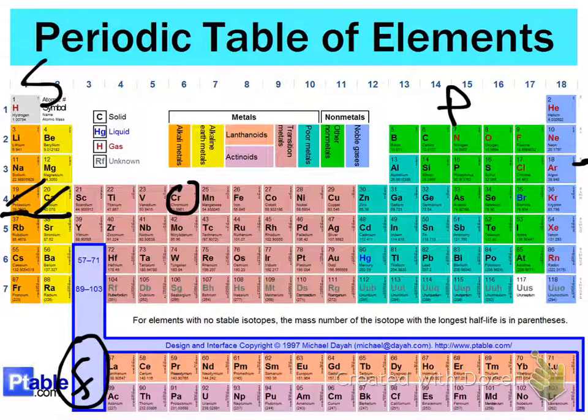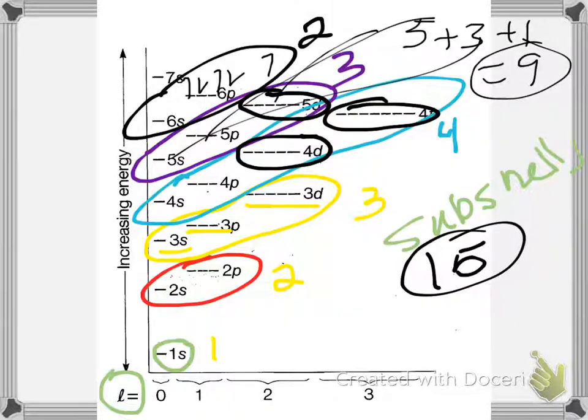Then we get to the D block, and I remember the D block, the transition metals, drops down by 1 energy level. So if it's period 4, which we are in, that means this is the third energy level. And we have gone through 1, 2, 3, 4. So I'm going to write 3d4.